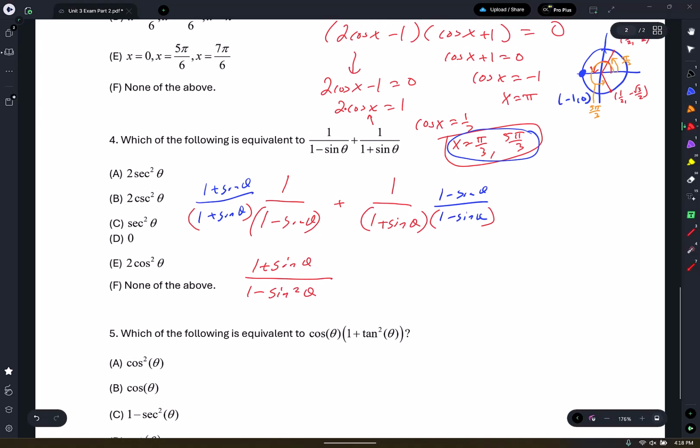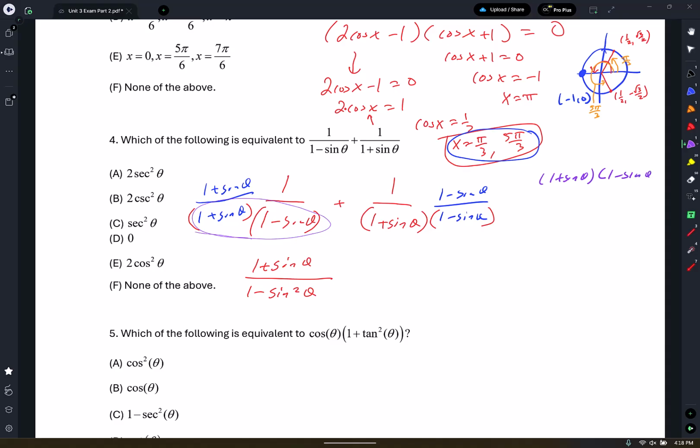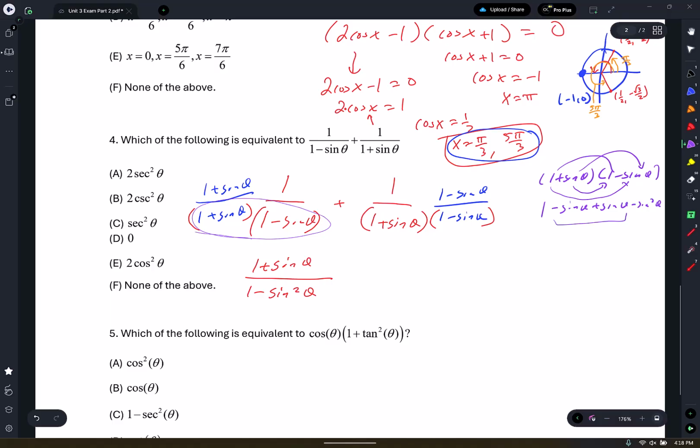I'll do it here on the side. This denominator is like doing this: 1 plus sine theta times 1 minus sine theta. 1 times 1, 1. 1 times negative sine theta, negative sine theta. Sine theta times a positive 1, positive sine theta. Sine theta times a negative sine theta, minus sine squared theta. These in the middle, negative sine theta plus sine theta, zero each other out. And you just get 1 minus sine squared theta, and that's what is in the bottom.